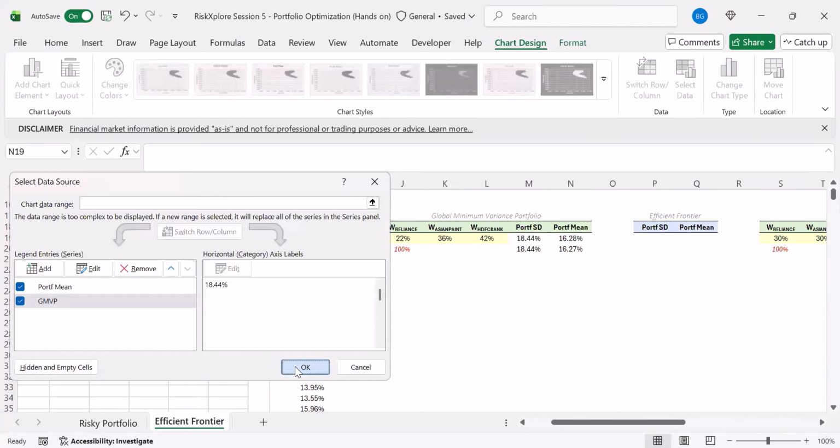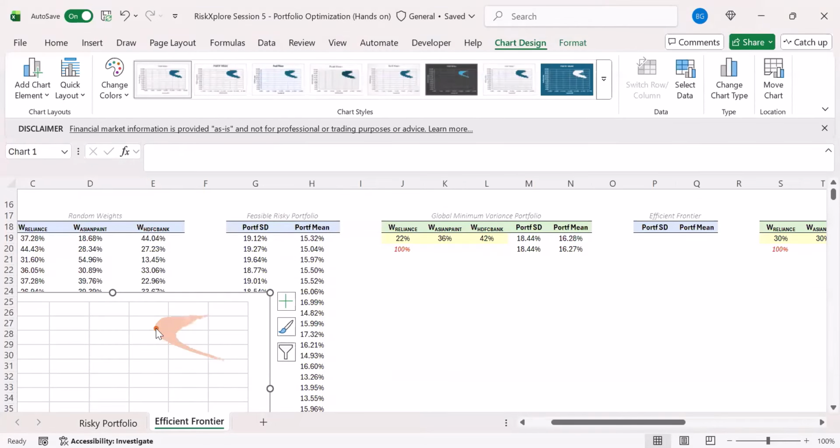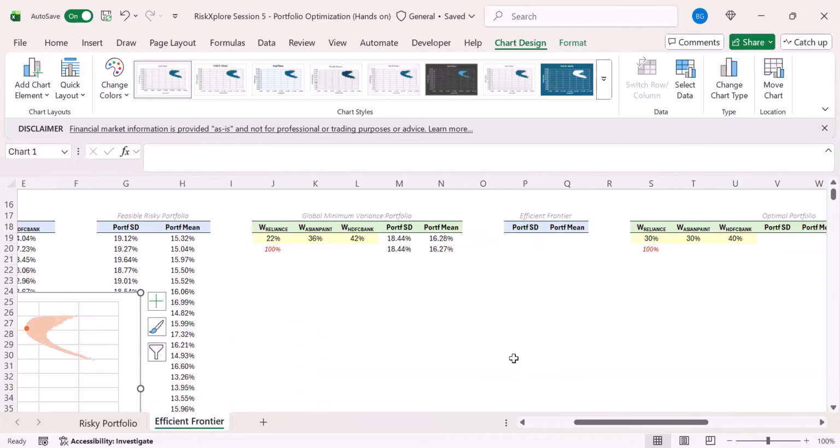Click on OK, click on OK, and we have the global minimum variance portfolio lying somewhere here. Below this point, all the portfolios are inefficient. Above this point, those are the portfolios that are worthy investing in.